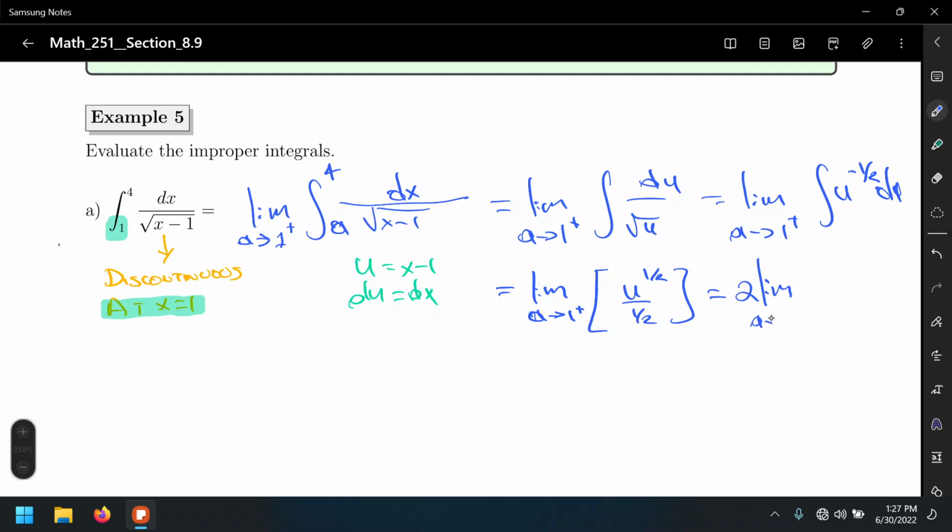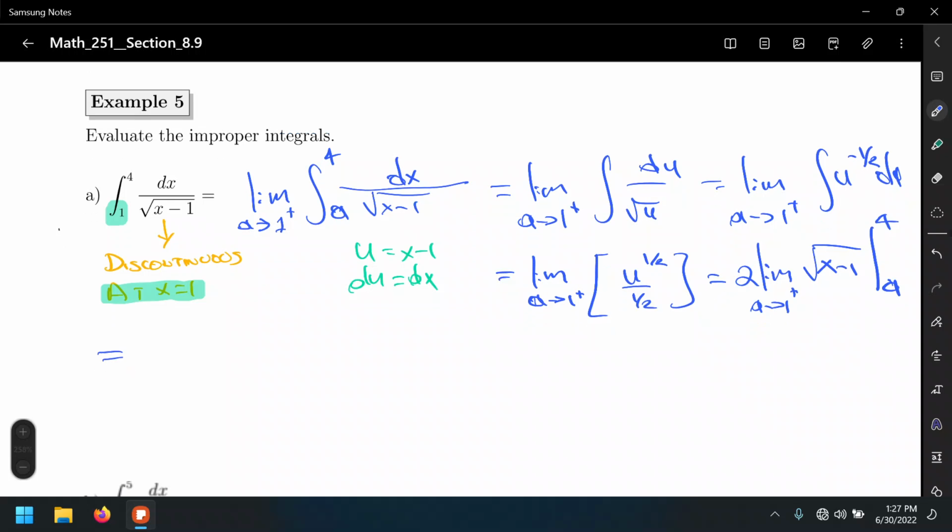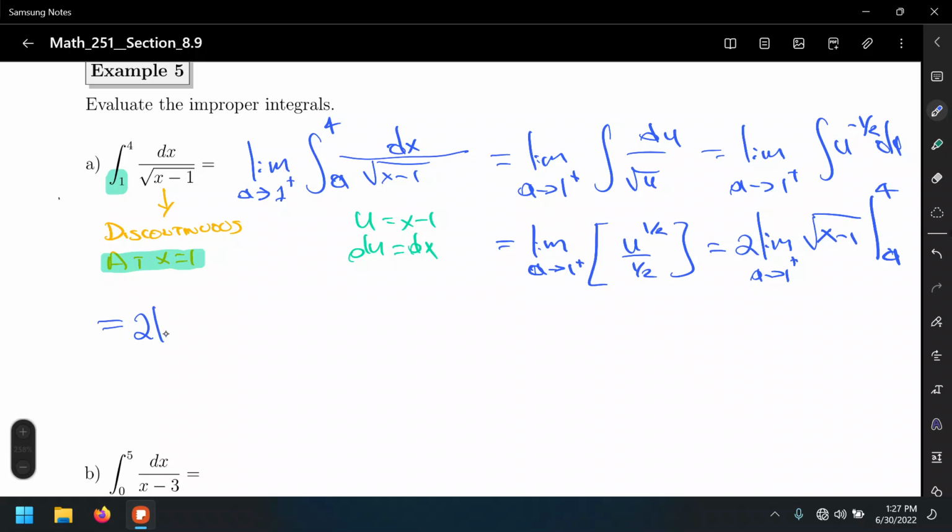So limit as a approaches 1 from the right, and this u to the 1/2 is the same as the square root, but we can also back substitute for u, which in this case is x minus 1, and evaluate from a to 4. So that's 2 times the limit as a approaches 1 from the right of the square root of 4 minus 1 minus the square root of a minus 1.